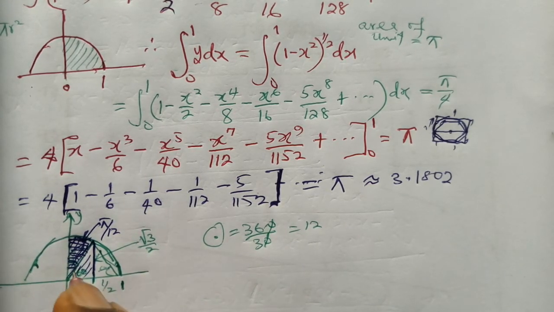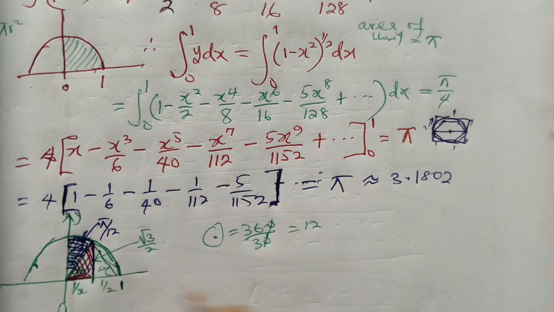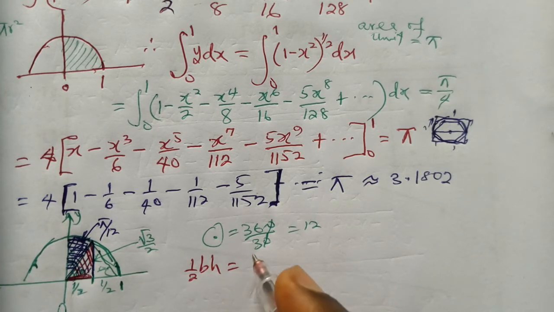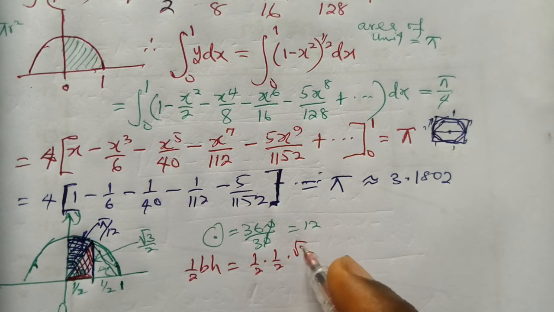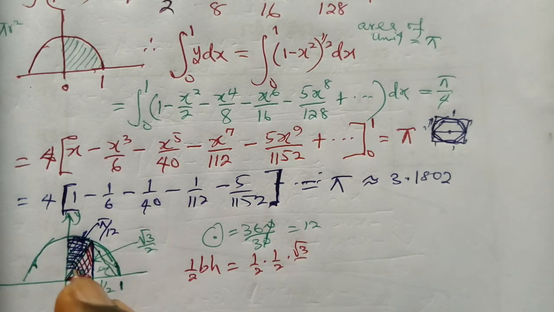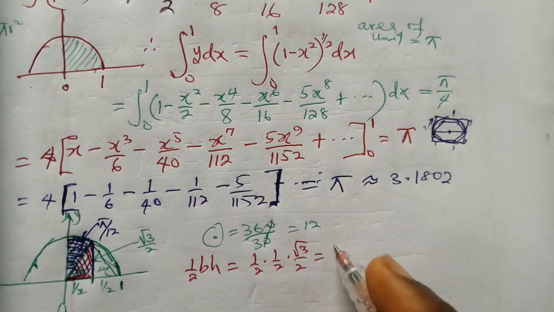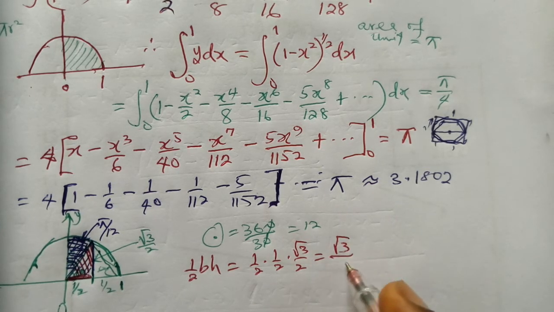This area, since we have found this area is equal to half base times height, and half base times height is half times half times root 3 over 2. So that's root 3 over 8.